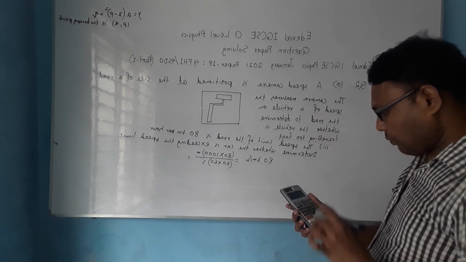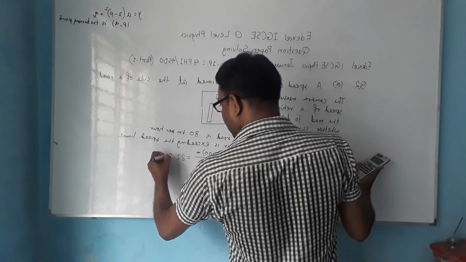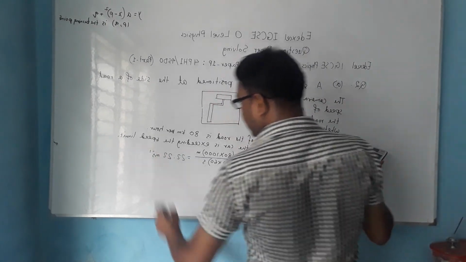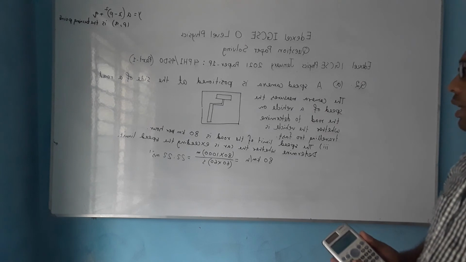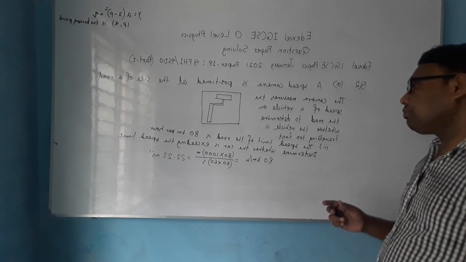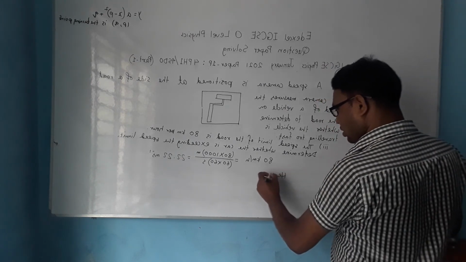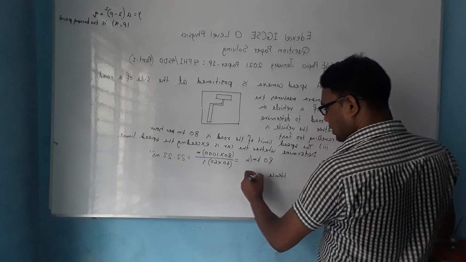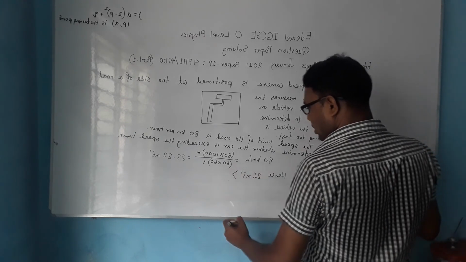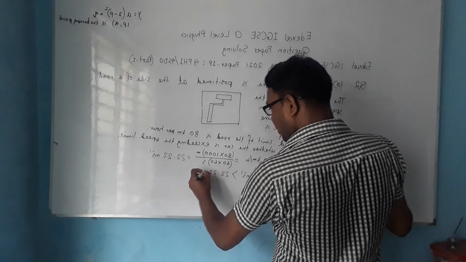So that is 22.22 meters per second. This is the speed limit. But the vehicle was traveling at a speed of 26 meters per second, right? So that was obviously greater than 22.22 meters per second.